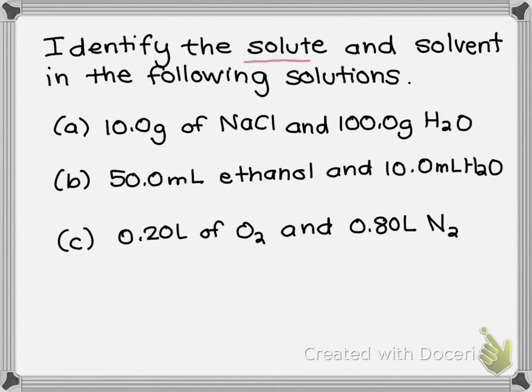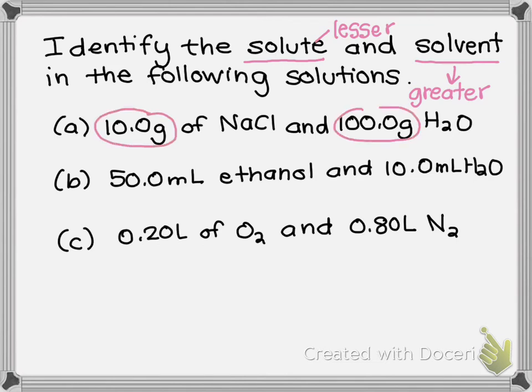However, sometimes I have to use the basic definition, and that's the solute is the substance that's in the lesser amount, and the solvent is the substance that's in the greater amount. So I just look at the numbers. Here I have 10 grams of sodium chloride and 100 grams of water. So the 10 grams is the lesser, that's the solute, and the 100 grams is the greater, that's the solvent.